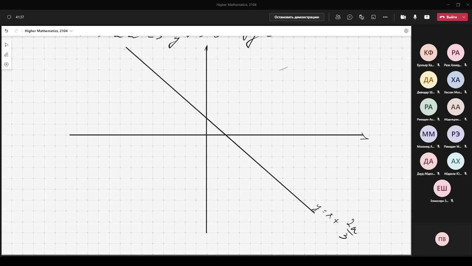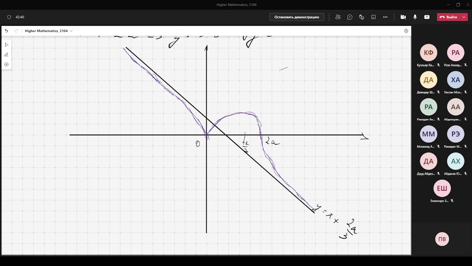Zero, zero. Then here 4a over 3 point. This 2a and zero, 4a over 3, 2a.